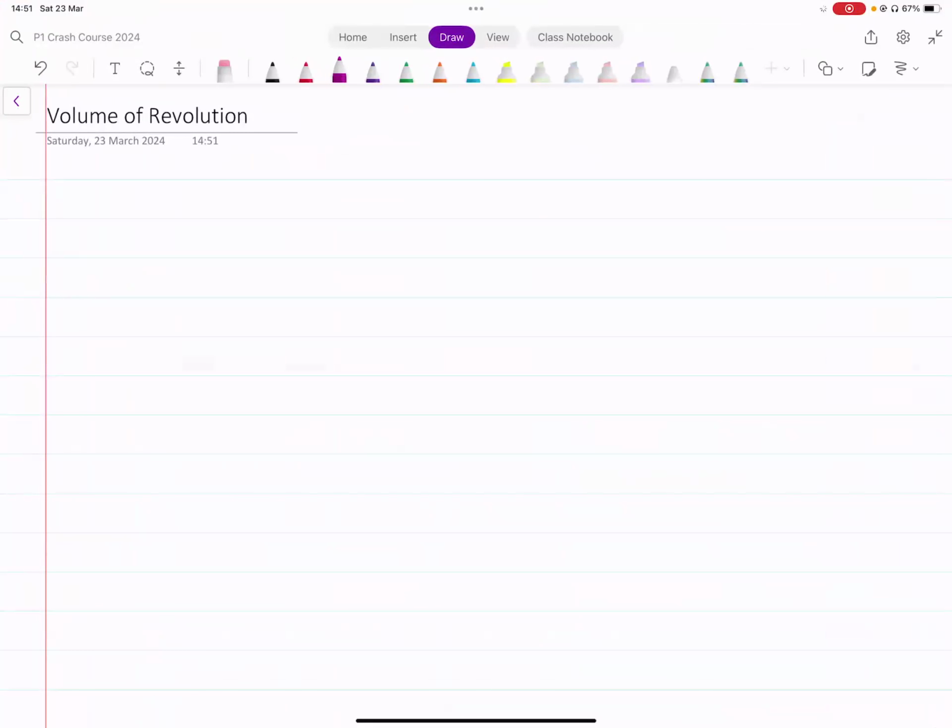Volume of revolution for the area between a graph and the x-axis, and the area between a graph and the y-axis. That's what we want to do. But before we do that, let's try to understand what volume of revolution means in the first place.